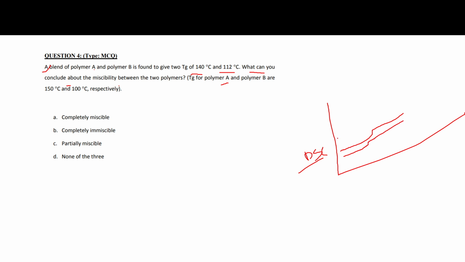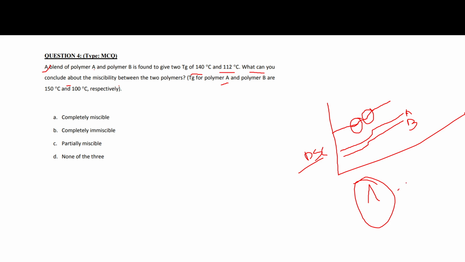But when they made the blend of polymer A and polymer B, they got a Tg around 112, maybe a little bit here, and another Tg around 140 degrees centigrade. So they are getting two Tg. If the two polymers are completely miscible, we get one Tg for that blend, a miscible blend.